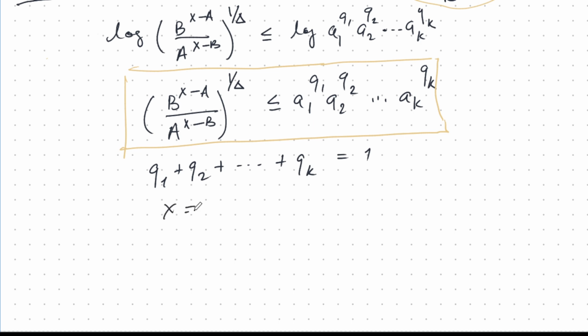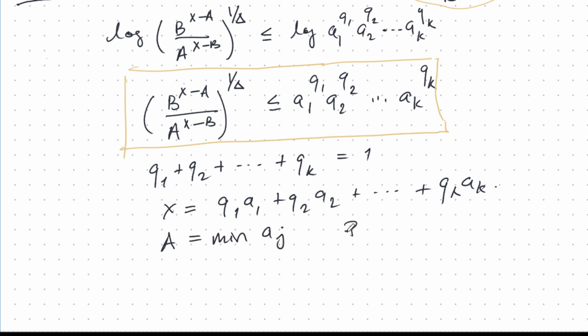And X is the weighted mean of the A's: Q1A1 plus Q2A2 plus dot dot dot plus QKAK. And the small A, of course, is the minimum of the A's, and big B is the maximum of the A's, and delta is B minus A.